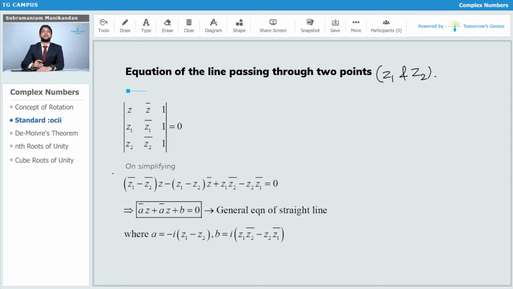On simplifying, we'll get (z1 bar minus z2 bar) z minus (z1 minus z2) z bar plus z1 z2 bar minus z1 bar z2 is equal to 0.